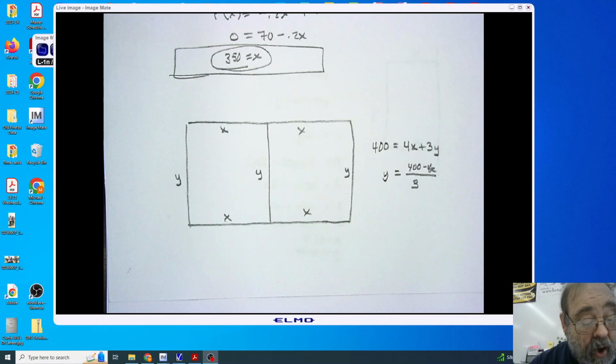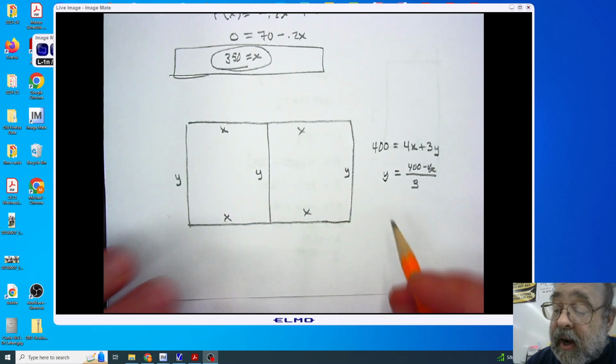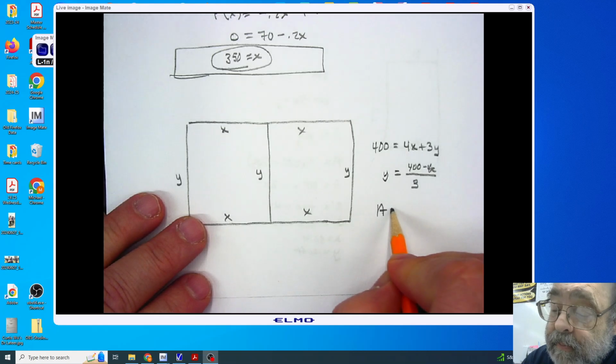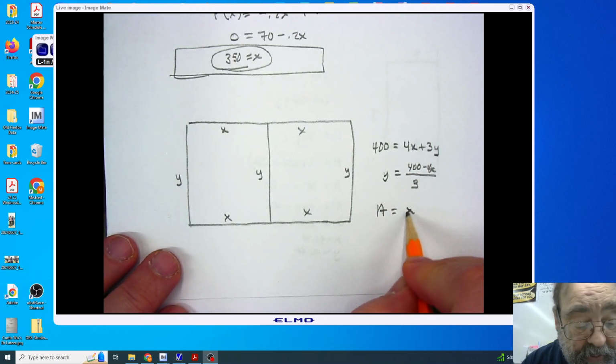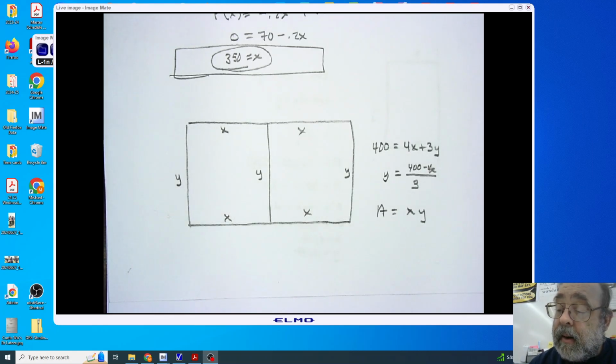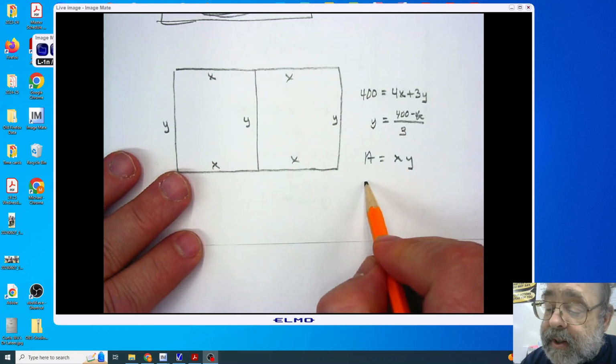Now, I'm trying to find the area again. So area is simply x times y. I'm going to take my y and replace it.